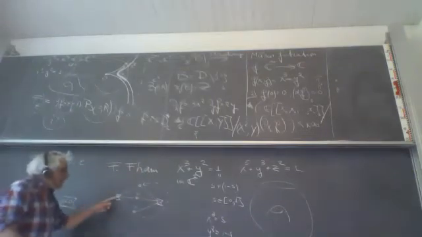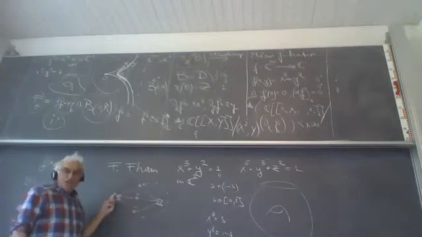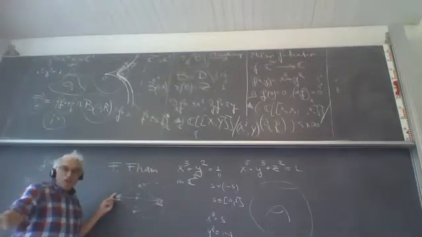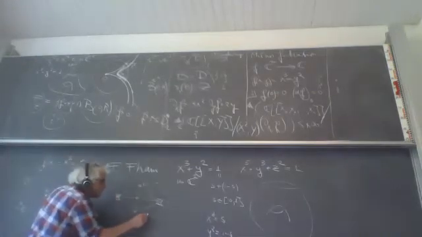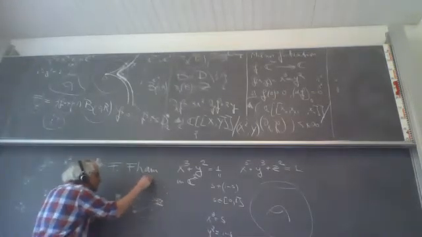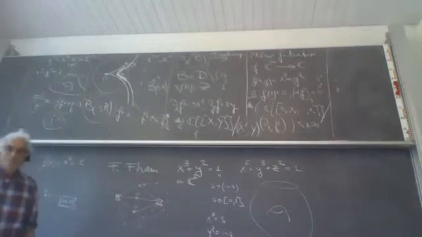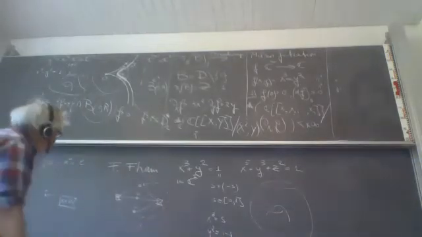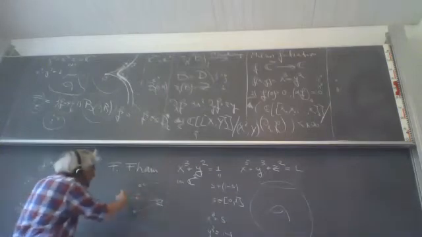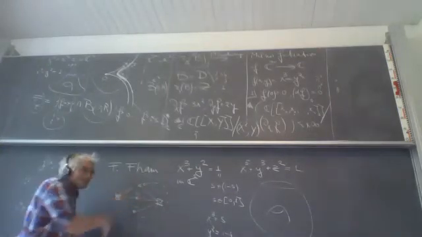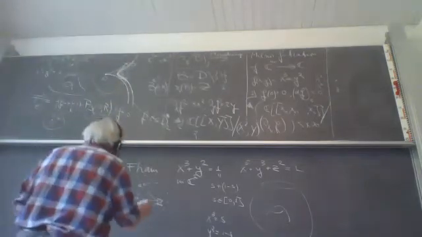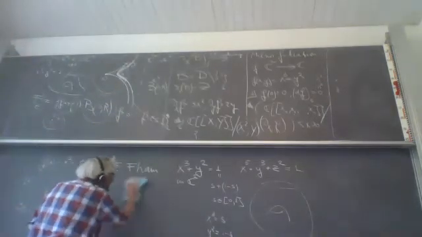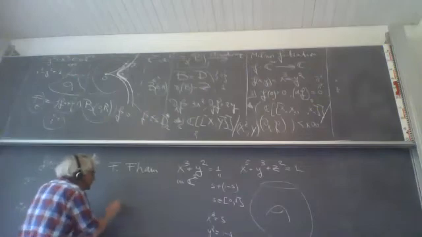And at the same time, the 2 roots of unity, y squared equal to 1, they exchange. So this one travels to this one, and this one travels to this one. So we can analyze what happens with this picture. So I make the picture again.